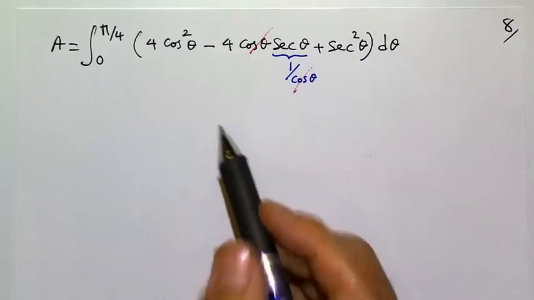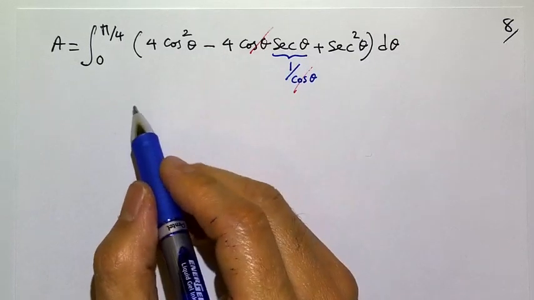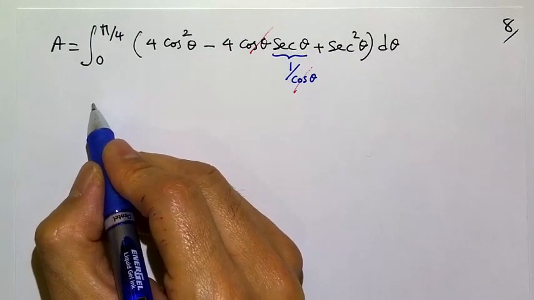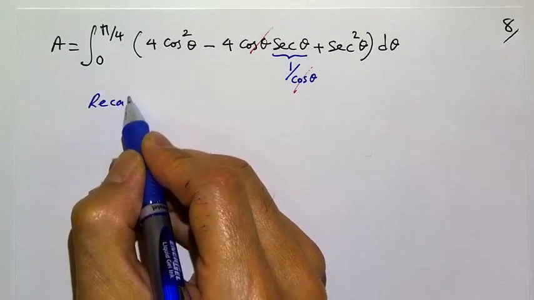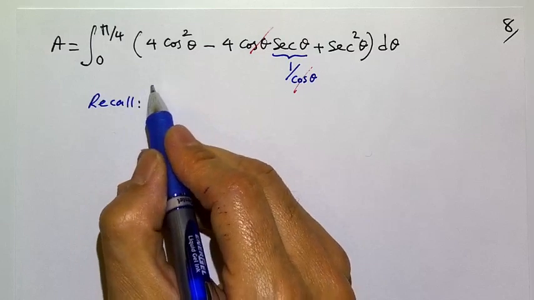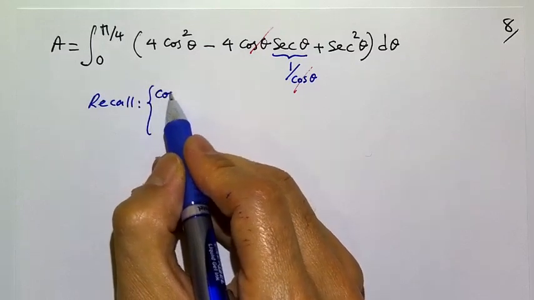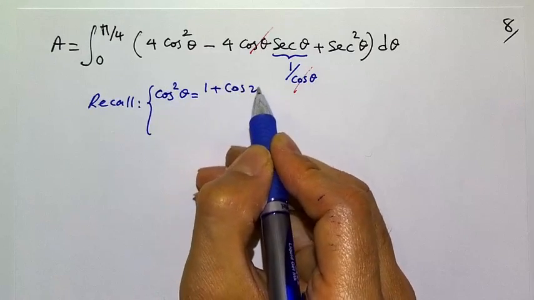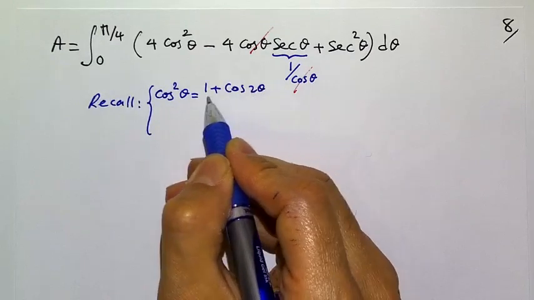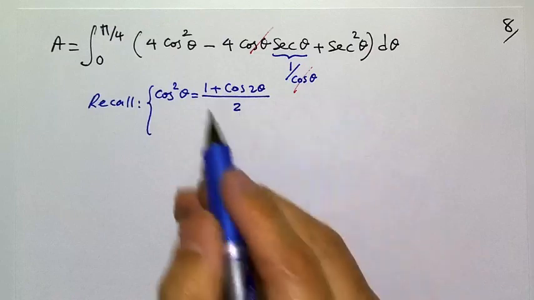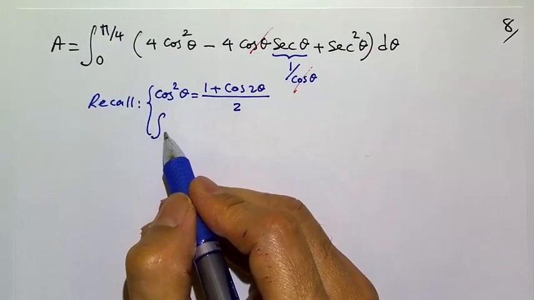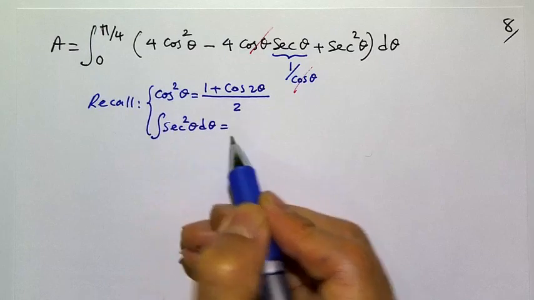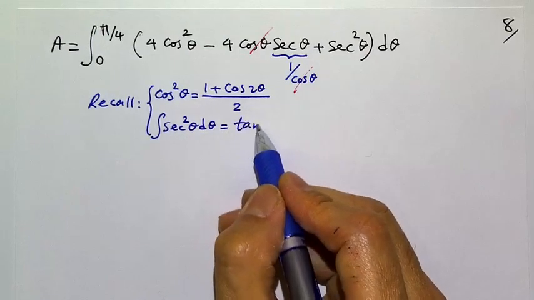But we have that useful formula, right? So recall, we have to recall two of these. Recall that cosine squared theta is equal to (1 plus cosine 2 theta) divided by 2, and also the integral of secant squared theta d theta is equal to tangent theta.